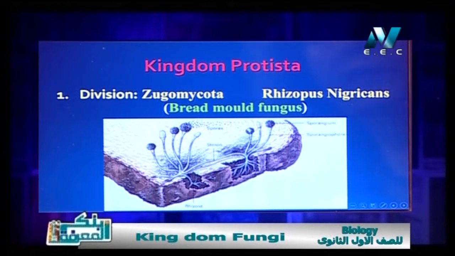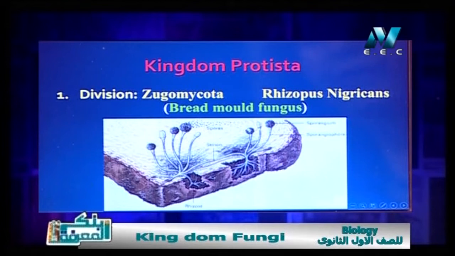So in one point you can notice the growth of root-like structures, called rhizoids, and from the same point many extensions go vertically upwards in the air, and each one of them is called the sporangiophore.